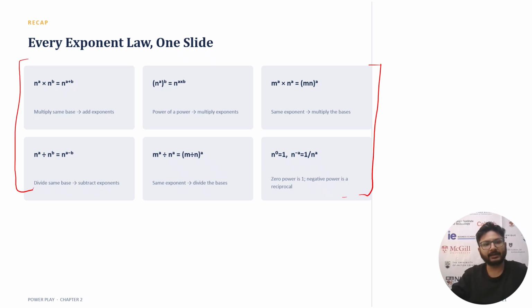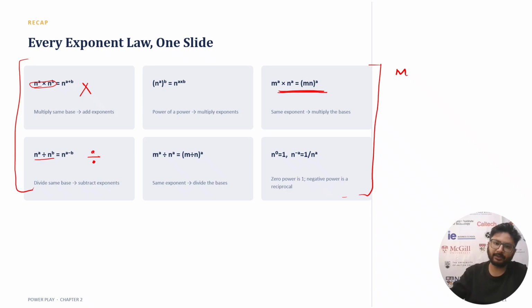Now, these are the things that we have just discussed. So first one, when the bases are same, the powers will get added if there's a multiplication happening. When the bases are same, the powers will get subtracted when the division is happening. Similarly, when the powers are same and the bases are different, the power will get outside as common.